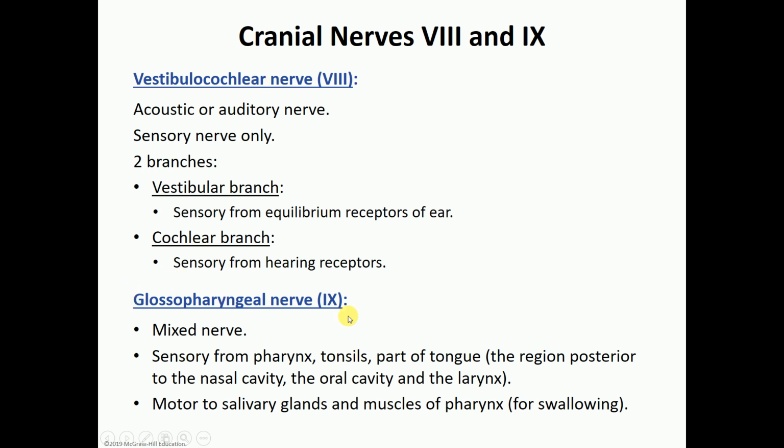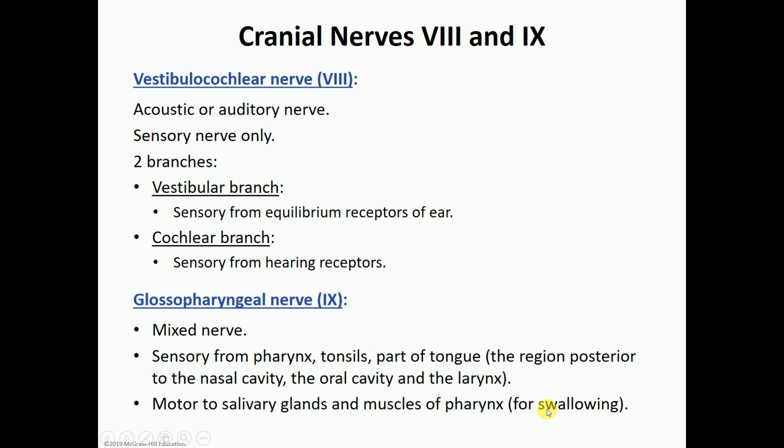The glossopharyngeal nerve, or cranial nerve number 9, is a mixed nerve. For the sensory portion, it carries senses from the pharynx, which is the very back of the throat. It also carries taste from the back of the tongue. And for motor, it'll send out motor impulses to some of the salivary glands and the muscles of the pharynx for swallowing.